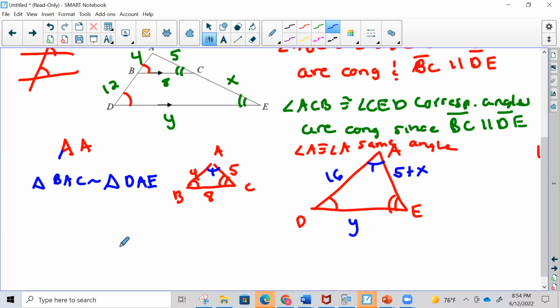Then we set up our proportion again. You have to set up two sides that you know that don't have a variable. So I know that this 4 goes with 16, so I have to use that. And then I'm going to do 8 with Y. Again, I'm using the small triangle on top, the large one on bottom. Then I'm going to cross multiply.